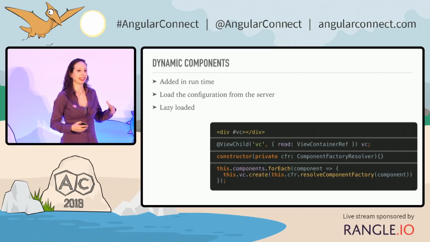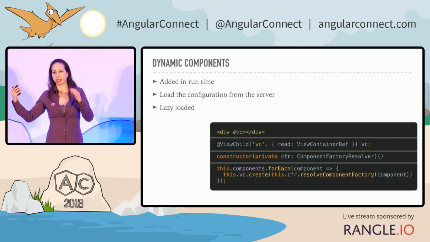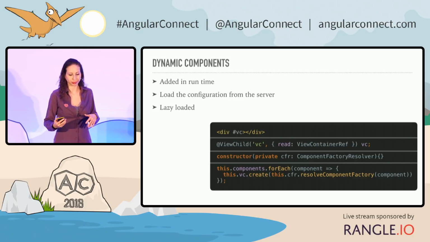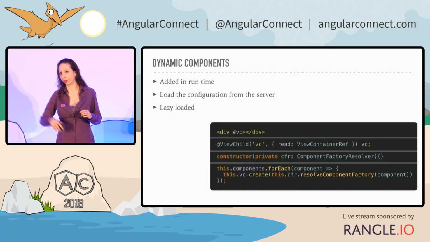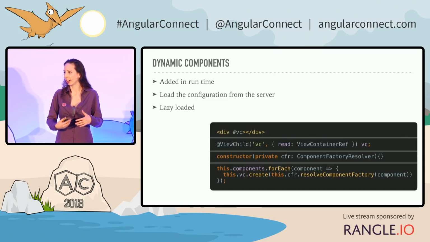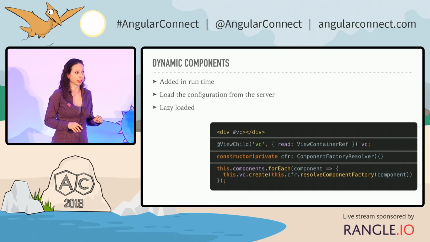So they can be added in runtime. So the user decides in runtime what component to load. We can load the configuration from the server, like I said before, or from anywhere else. Maybe generate it on the fly, like I did now. And they can be lazy loaded.